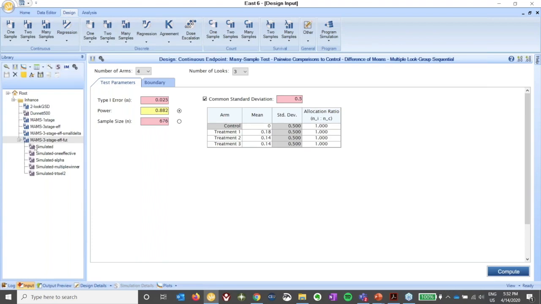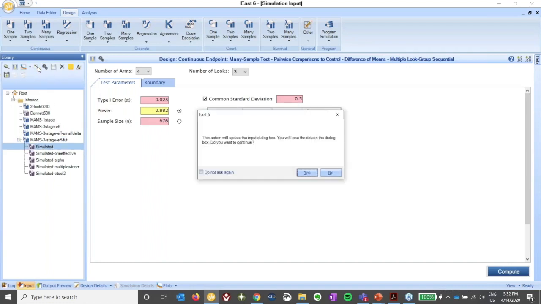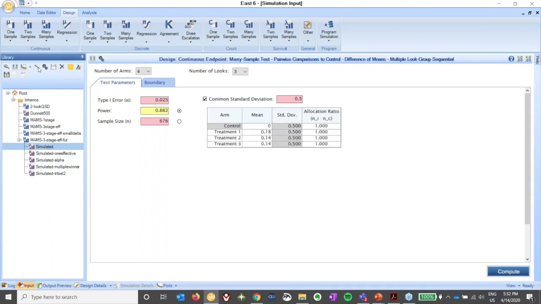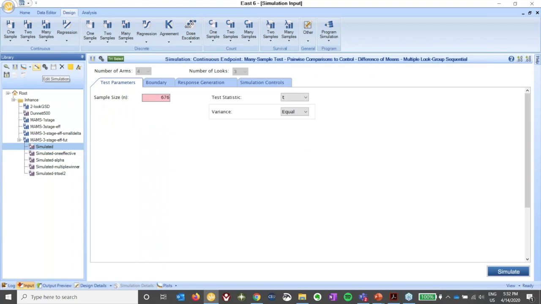So now we can actually take this design and do a little bit more with it by simulating it. So if you select the design or any design in this, you can click on the simulate button, and that simulate button will bring up a new input screen, which is based on our standard simulation input screen.